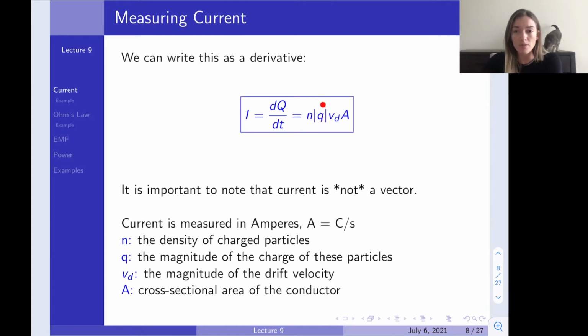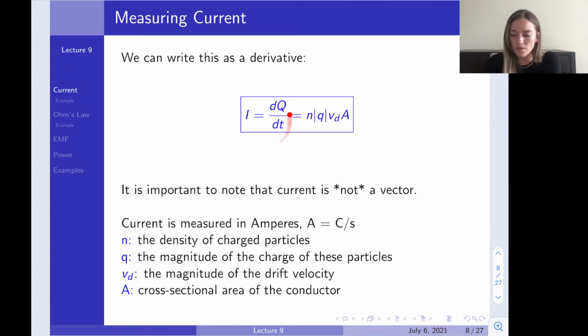I took the absolute value here of the charge, and then I also took the magnitude of the drift velocity. So everything's positive here. We never have a negative current. Current is always a positive quantity. So just take the magnitude of everything here. Don't worry about any negative signs yet.